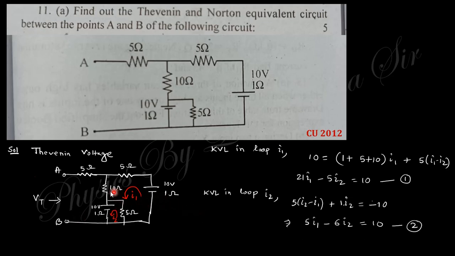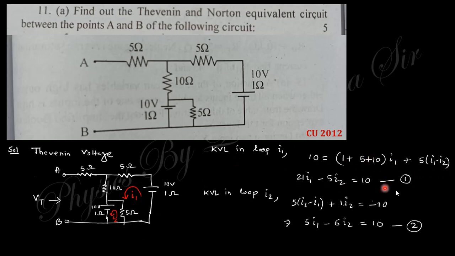So how will we find out this voltage? You can see there are two loops. This is one loop and this is another loop. So you take this loop current I1 and this loop current I2, and use KVL in this loop. You can see that 10 equals 5 into I1 minus I2 plus 1 into I1.